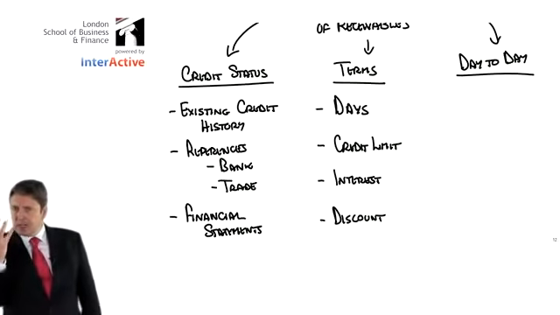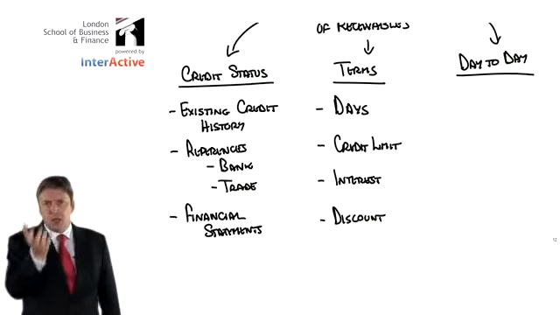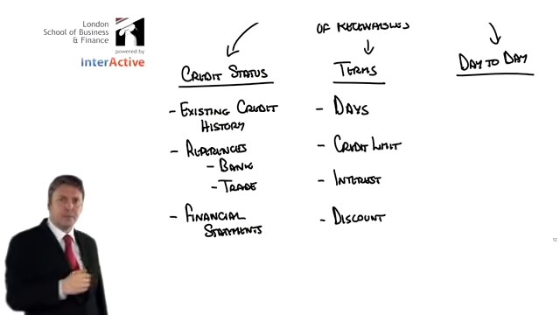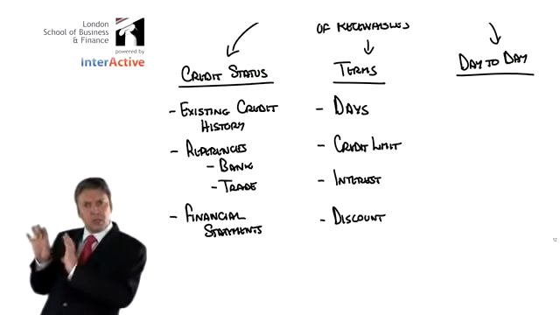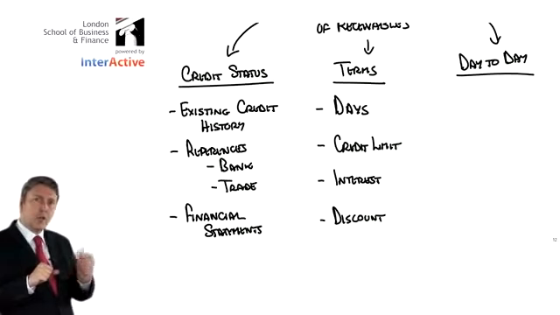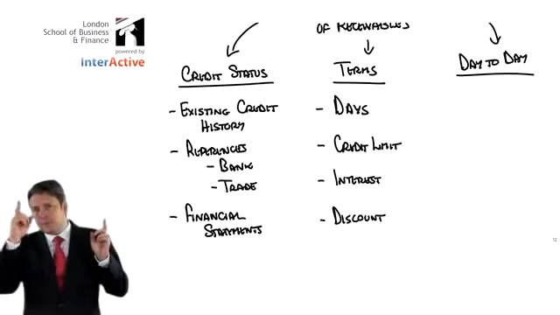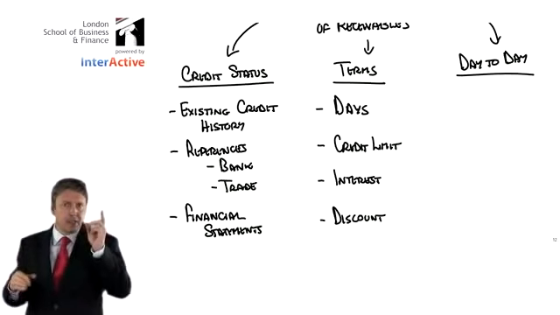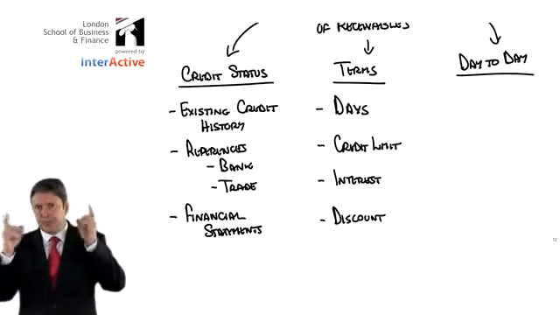Because every single customer starts as a valued customer that we do not want to upset. But the longer the customer goes without paying, the less the valued customer they are, and the more they are a potential bad debt. And it's this gradual movement from valued customer to bad debt that we have to manage.